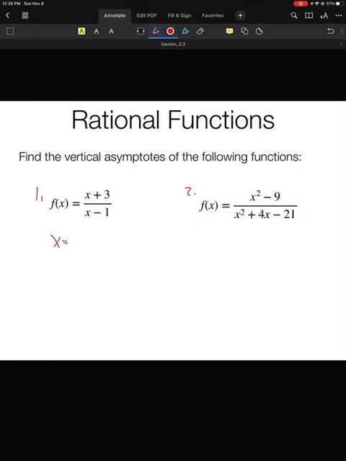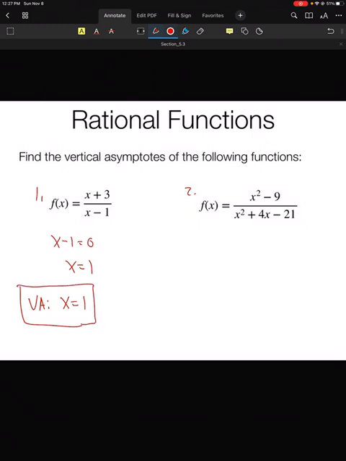We want to see where we get that divide by 0 problem or error or whatever you want to call it. x minus 1 is equal to 0, and thus x is equal to 1. Okay, so that's where we get the divide by 0 error, and it turns out that the vertical asymptote of this function happens at x equals 1, and that's what I'm looking for.